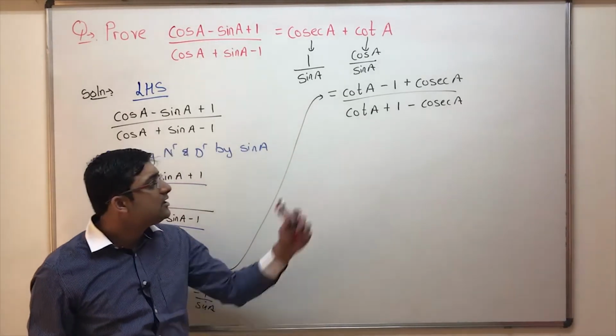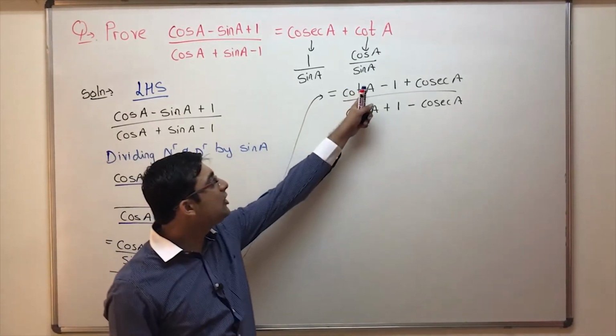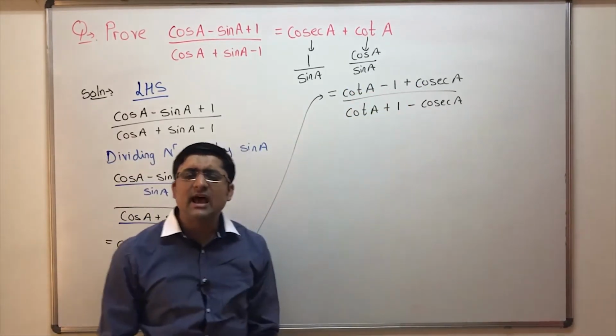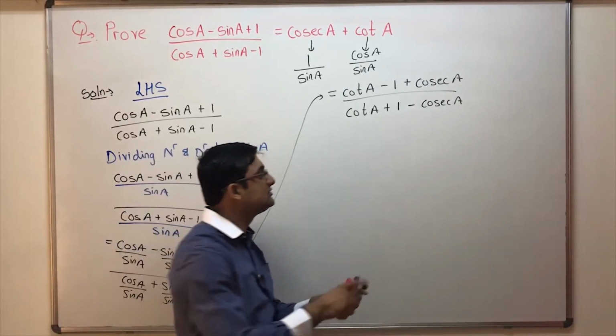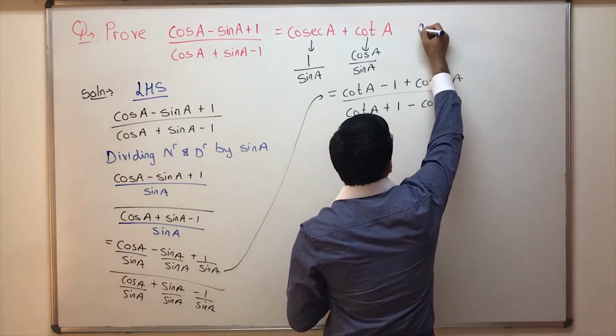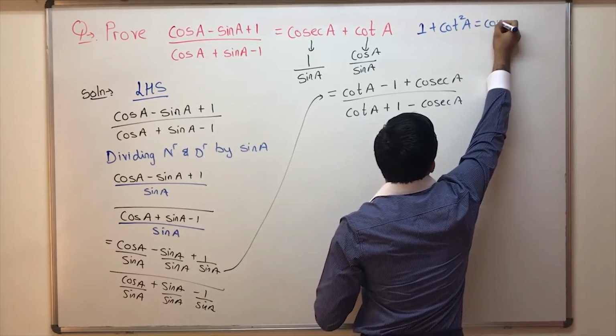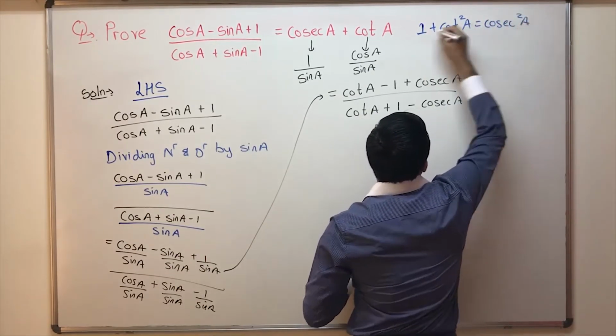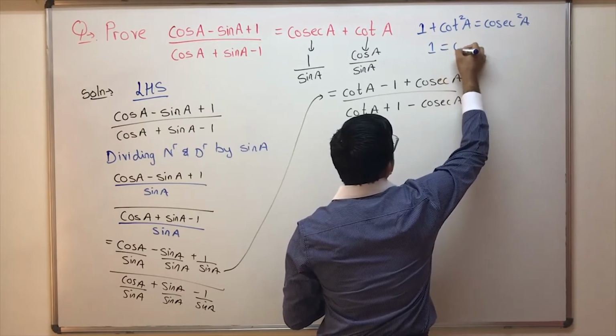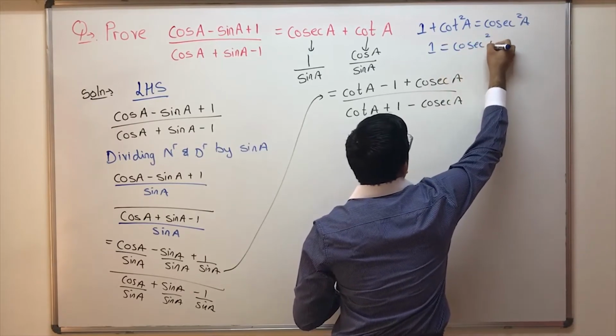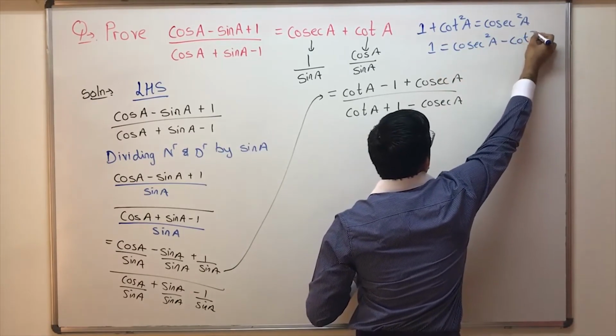Is this clear? Now what do we do? See, we have a cot, we have a cosec. Is there an identity relating both the two? Yes. We know that 1 plus cot square A is equal to cosec square A. So what is this 1? This 1 is basically cosec square A minus cot square A, right?